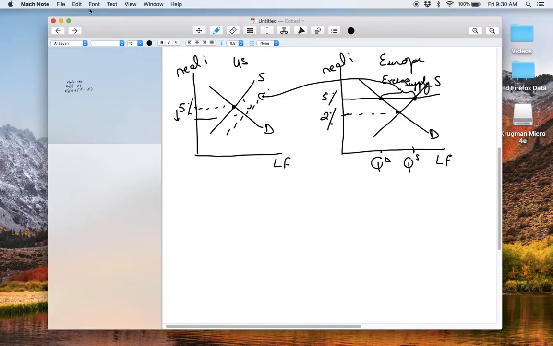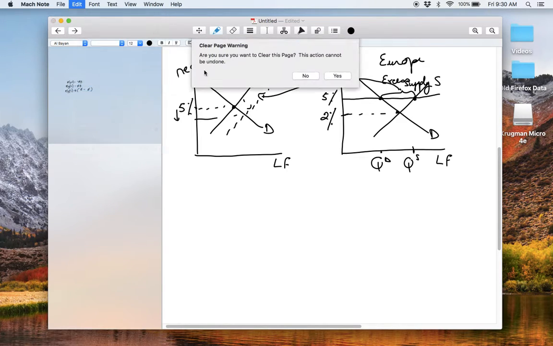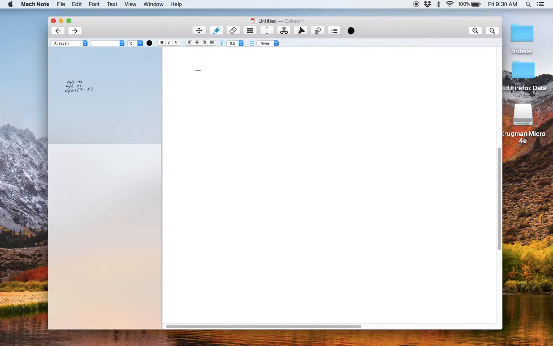All right, the next item we wanted to clarify was with exchange rates, okay? So we have two types of exchange rates. We have nominal exchange rates, and we have real exchange rates.